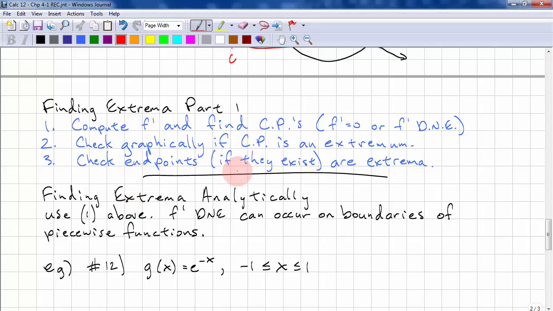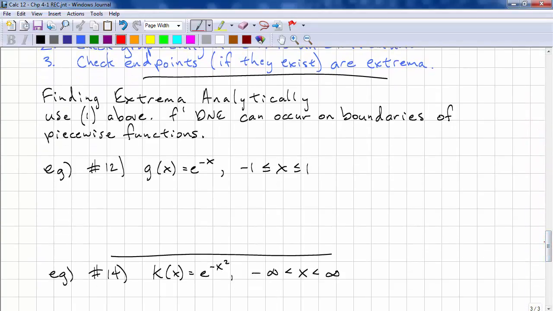Check if the endpoints, if they exist, are extrema. We won't be doing this graphically later, but for this chapter, just do it graphically. Okay, so let's look at some examples. Note, you should recall that the derivative does not exist, and this can occur on boundaries of piecewise functions.